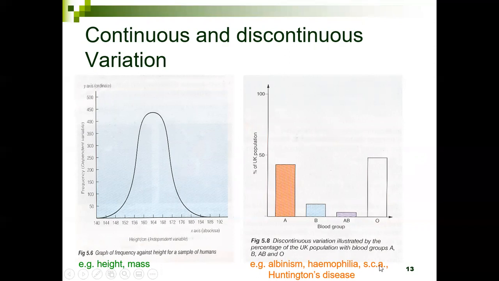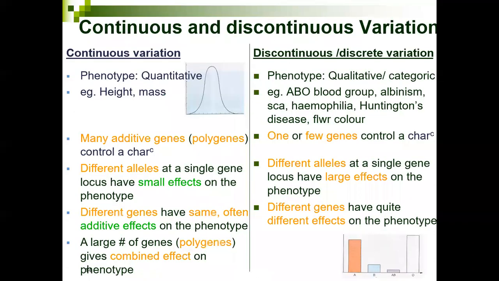Albinism, hemophilia, sickle cell anemia, Huntington disease is either present or absent, so present or absent disease is a qualitative category. Either you have it or you don't have it. So that's the difference between continuous and discontinuous variation. We're going to learn in more detail about these two variations.